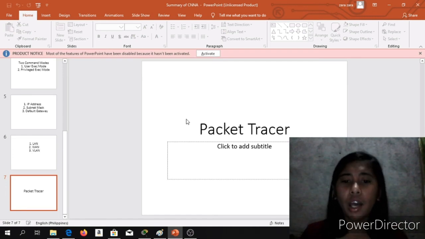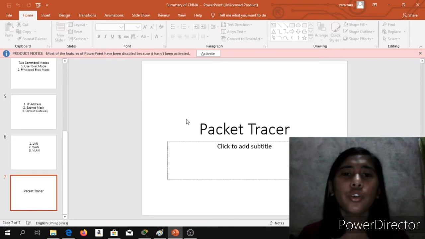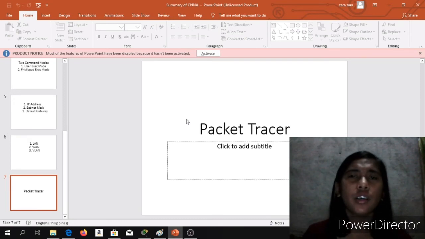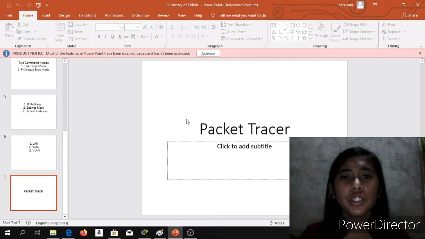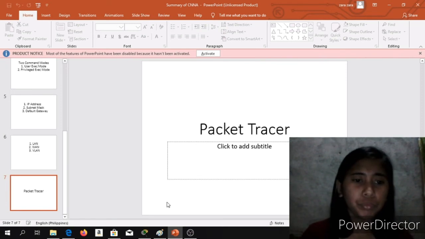The best thing about Packet Tracer is that it can also provide visualization for us to understand more about the internal workings of a network. And for me, Packet Tracer can also provide additional practice for you to enhance your skills when it comes to networking.